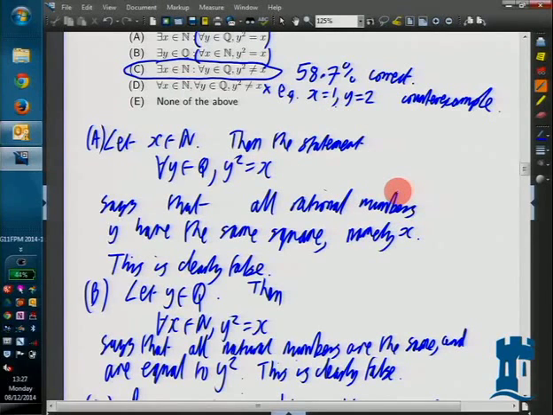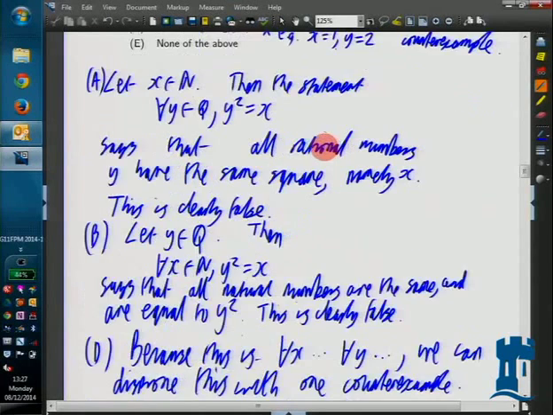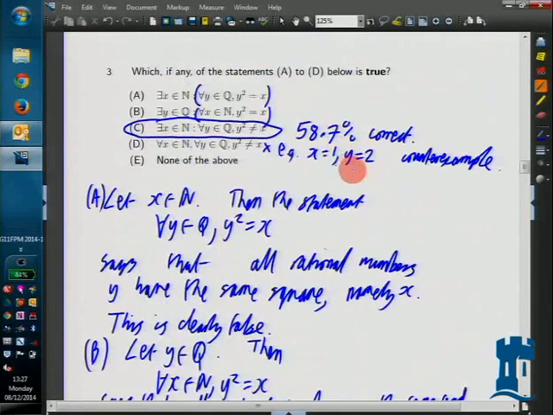I haven't explained C yet, but any questions so far about the false ones? Yes. Oh, what have I done there? Oh, yes. Thank you very much, yes. So I want a counterexample. I want an example where y squared is equal to x.